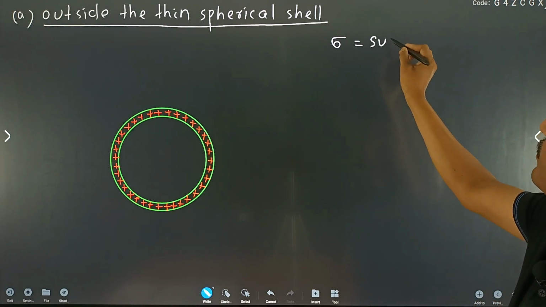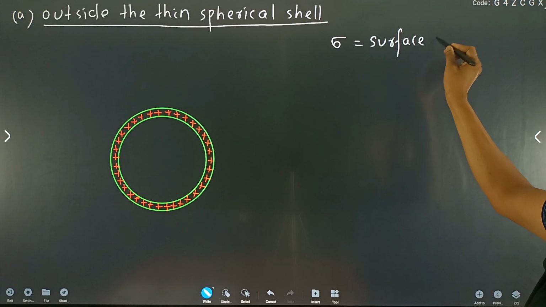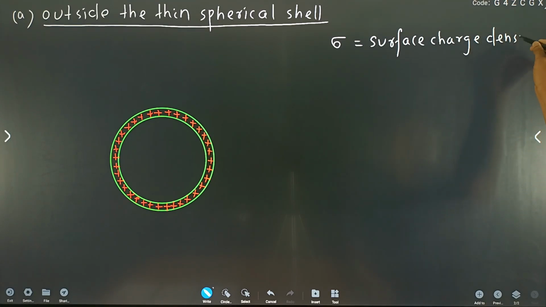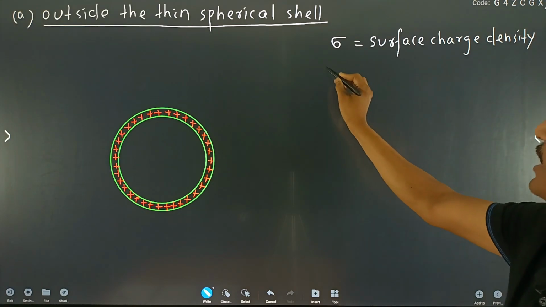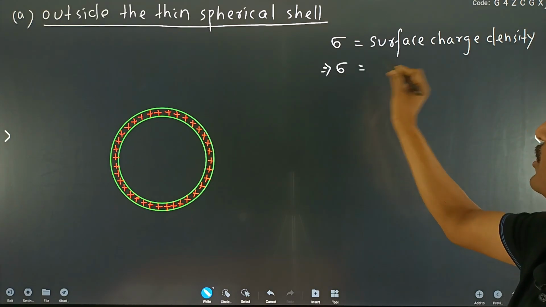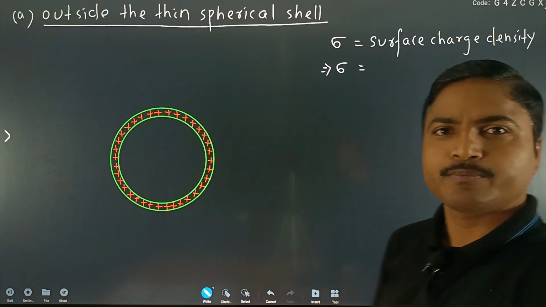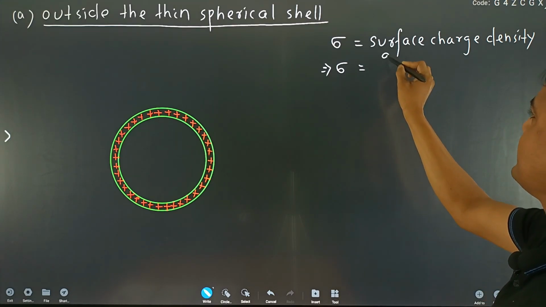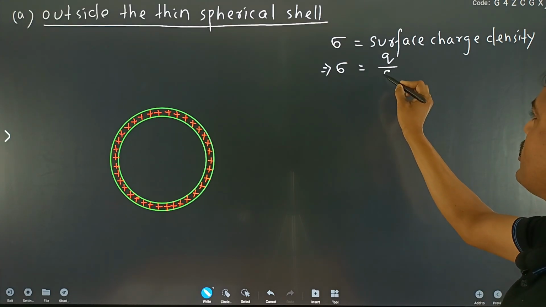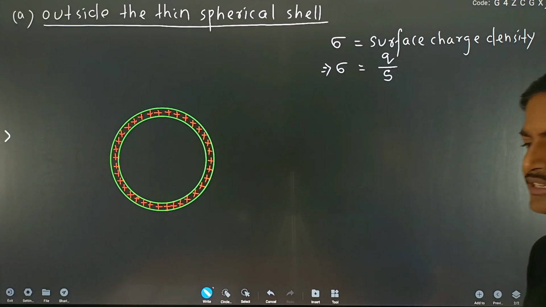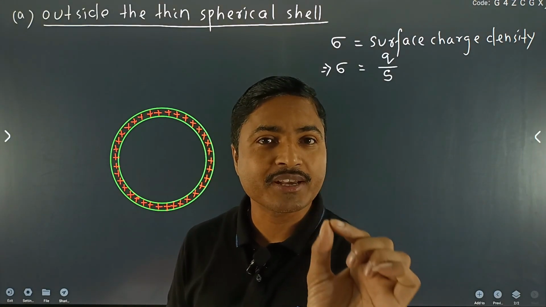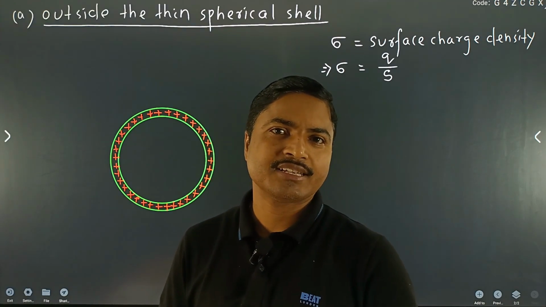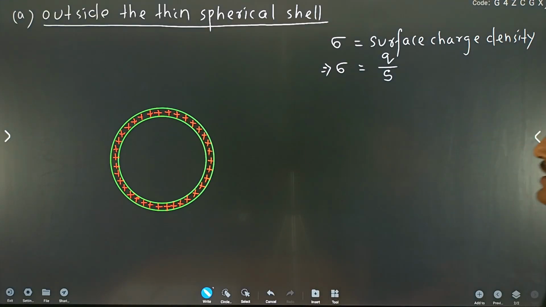Sigma is equal to surface charge density, that is total charge Q divided by surface area S. That means if we take a unit surface area, the amount of charge present on that unit surface area is known as the surface charge density.